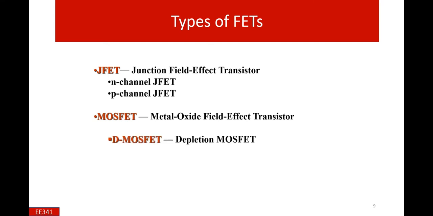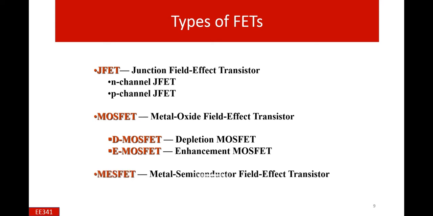There are depletion metal oxide field effect transistors and enhancement metal oxide field effect transistors: D MOSFET, E MOSFET. JFETs, N channel JFETs, P channel JFETs, MOSFET, D MOSFET, E MOSFETs. These are the types of MOSFET. And the third type is the metal semiconductor field effect transistor.